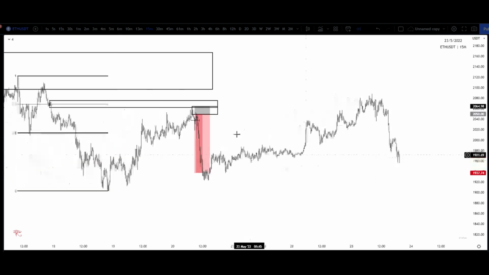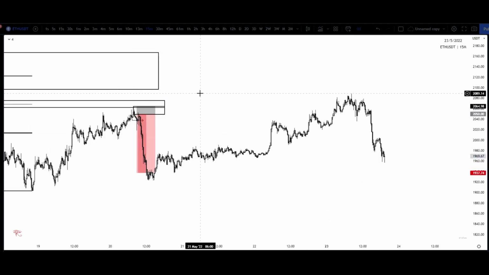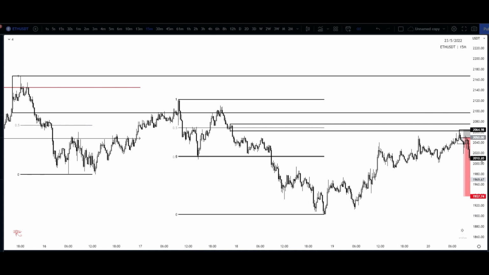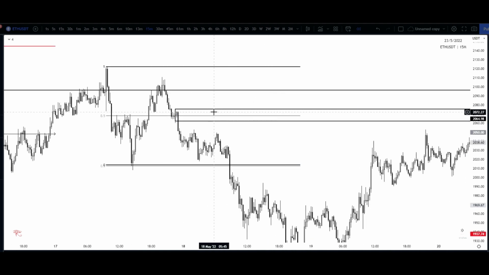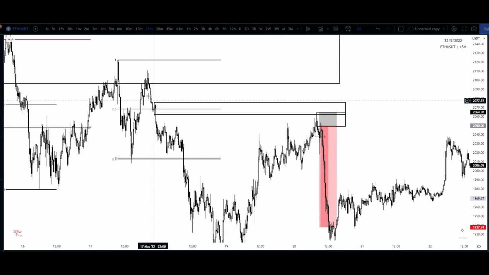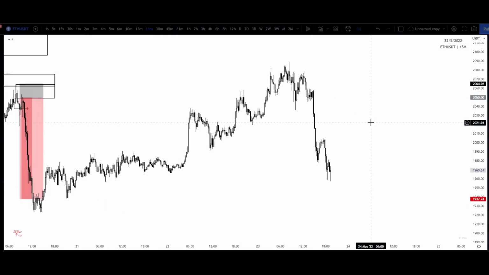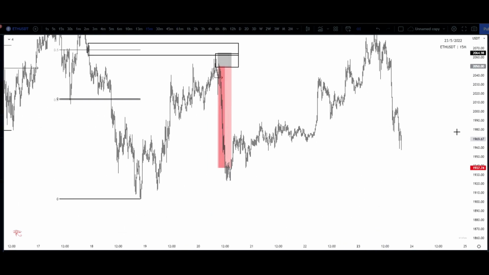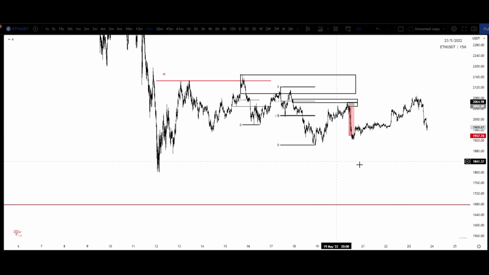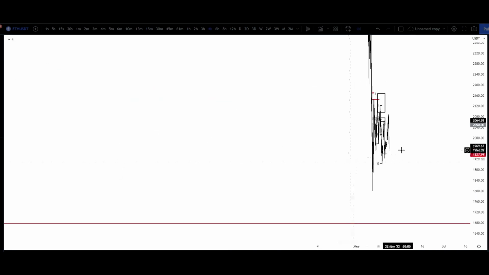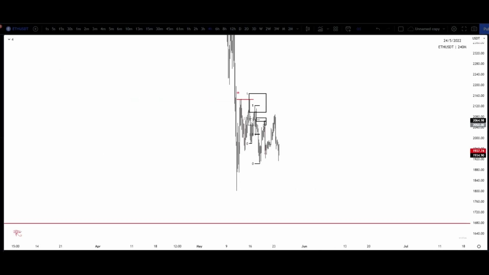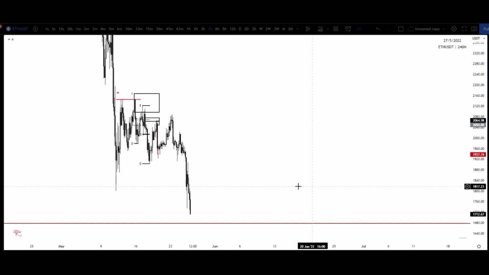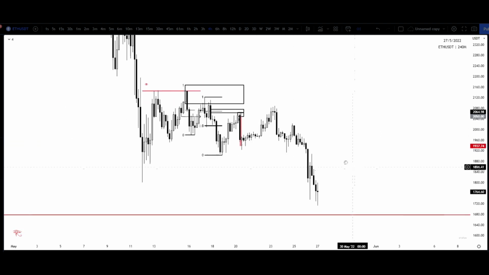Price creates distribution, liquidates these traders to the upside from these equal highs that were left here, fills imbalances up here, and then eventually moves to the downside. Go ahead and play this all the way out real quick. And then you get your final continuation.